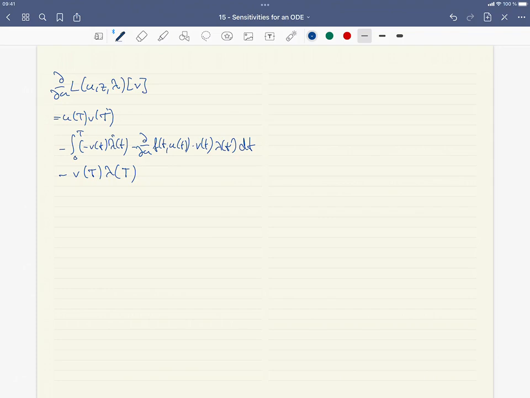And so we can put the first and the last term together. So we get this: a u of T minus v of T, lambda of T, minus the integration, so minus integral 0 to T. Then we have minus v of t, lambda dot of t, minus d over du f of t, u of t, v of t, lambda of t, dt.